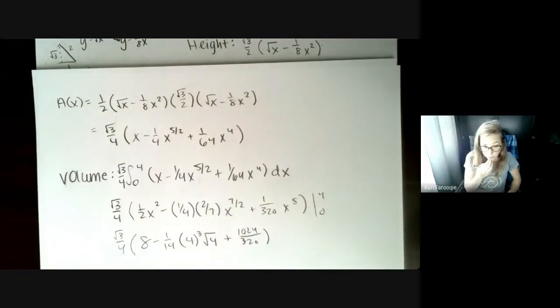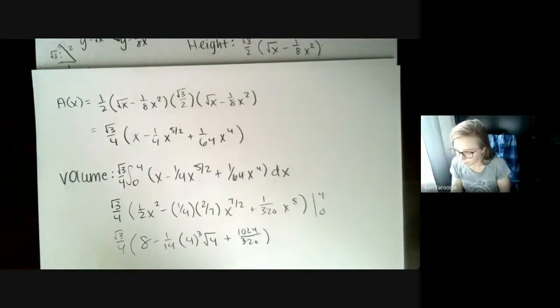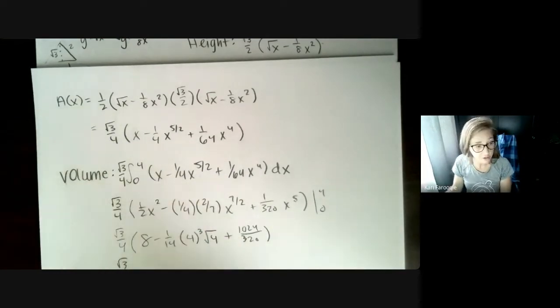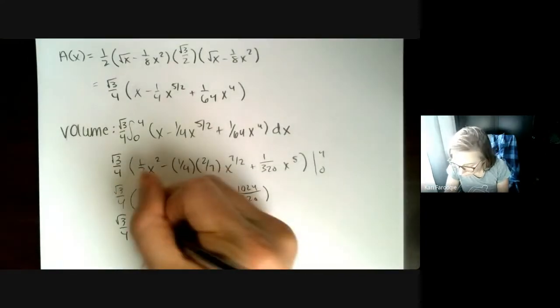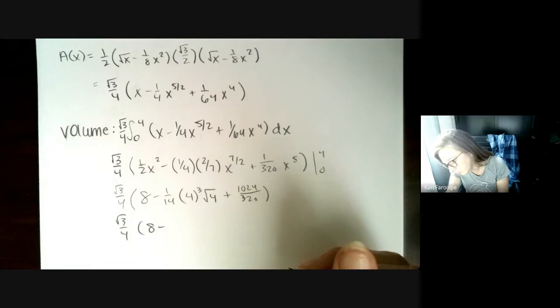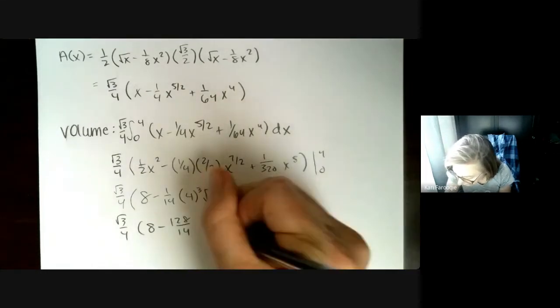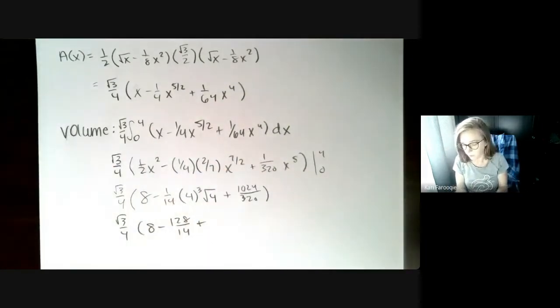And then the lower limit of integration, because you have a polynomial, is 0, so we don't need to worry about evaluating at the lower limit. So we'll just continue to simplify. You'll have 8 minus 4 cubed is 64 times 2 is 128. And then plus 1024 over 320 simplifies to 16/5.